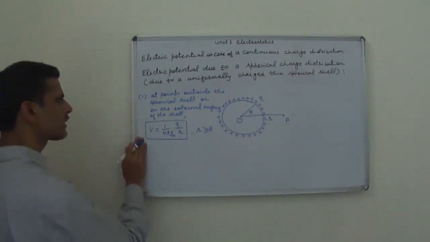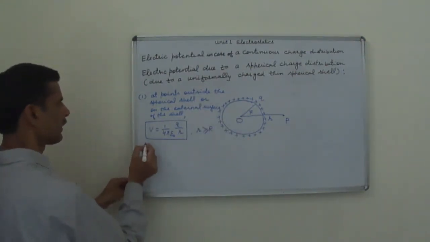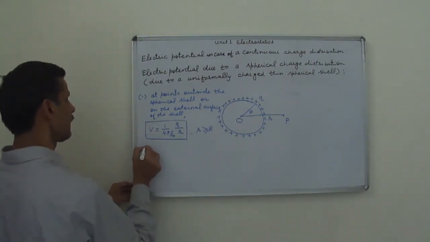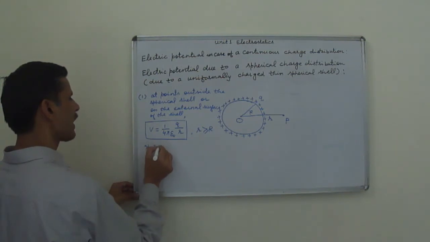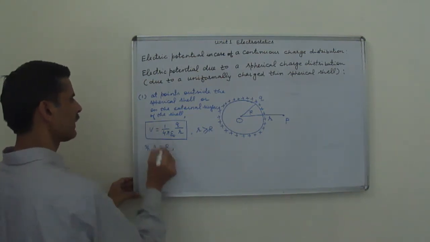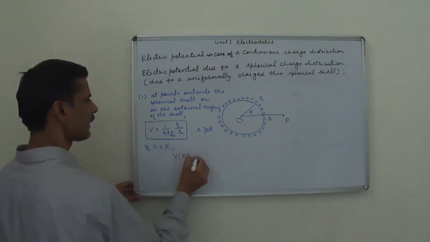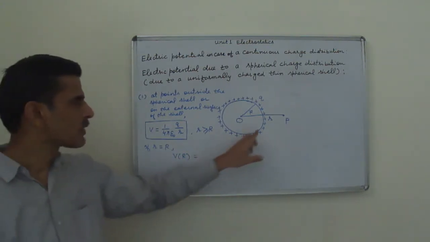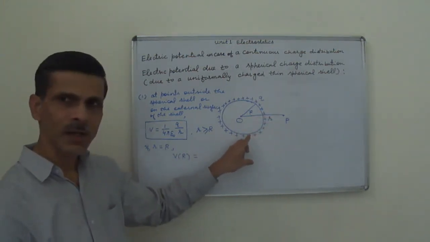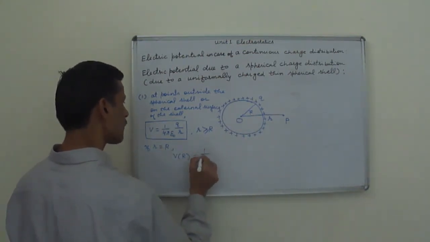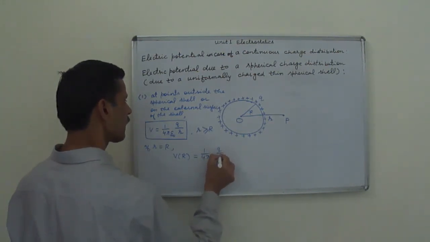And from here you can see if small r is equal to capital R, then V(R), potential on external surface, is equal to 1 upon 4 pi epsilon naught Q upon R.